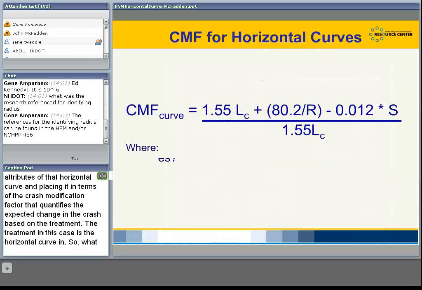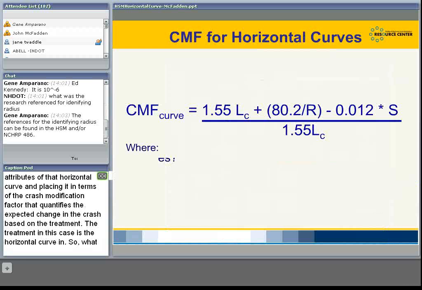So if we apply this to an example, we look at a horizontal curve with a length of 480 feet, which corresponds to 0.091 miles. We have a curve radius of 350 feet, no spiral transition, and we threw in the central angle there of 78.6 degrees.